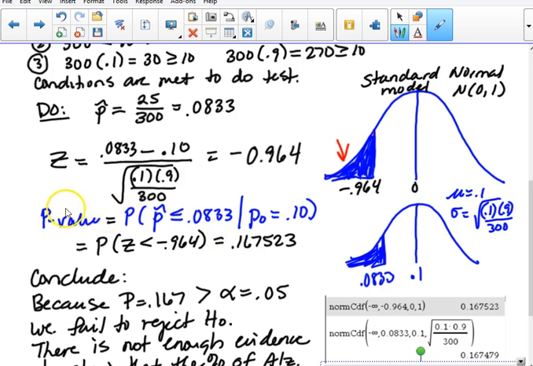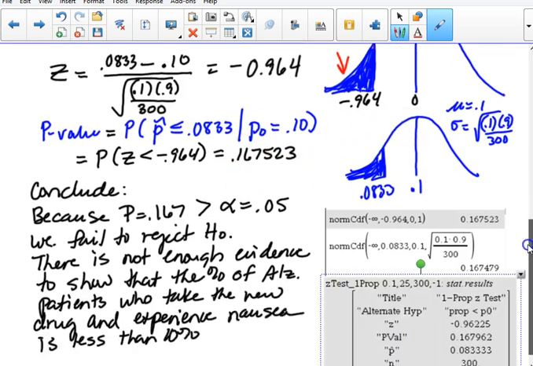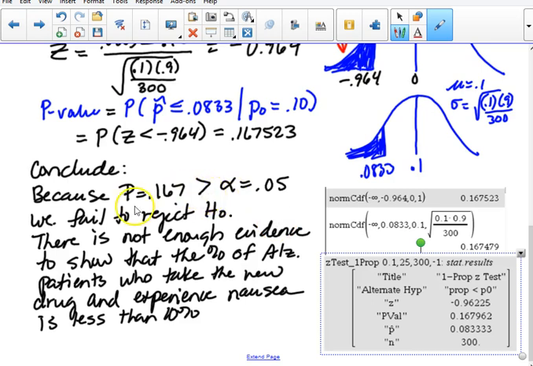You don't necessarily have to write all of this, although it would probably be good to say that the probability that z is less than negative 0.964 is this value. Then the conclusion would be, because p equals 0.167 is greater than alpha equals 0.05, we fail to reject the null hypothesis. There is not enough evidence to show that the percent of Alzheimer's patients who take the new drug and experience nausea is less than 10%.